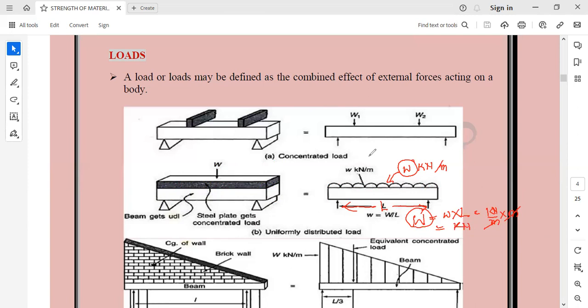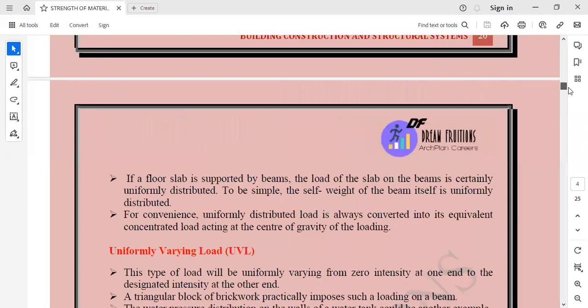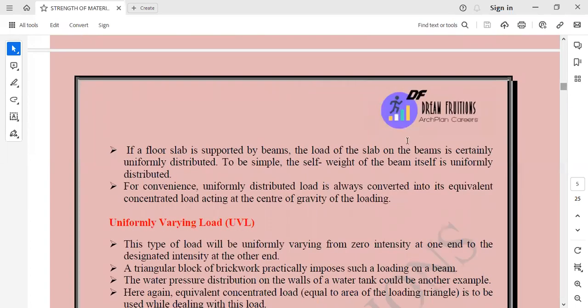Here, one important thing is that for the convenience, the uniformly distributed load is converted to an equivalent concentrated load, which acts at the center of gravity of the loading.